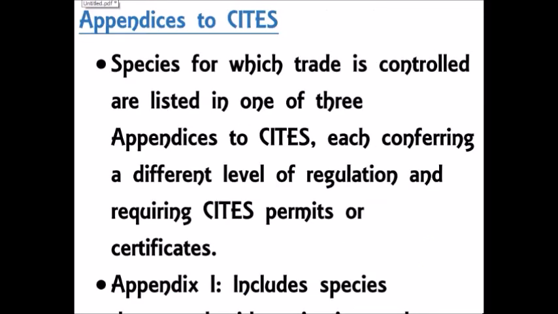Now let's discuss the appendices to CITES. Already, as we discussed in our other conventions video lectures, many animals and plants are not facing the same level of pressure or ecological pressure. For example, take A, B, C, D, E, F, six plants or animals.